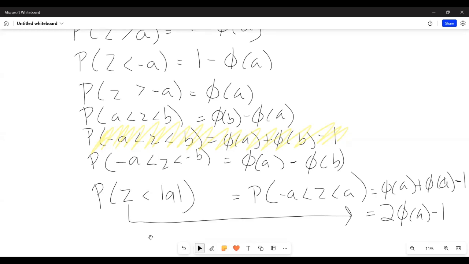Okay, so now let me cut paste the table first.